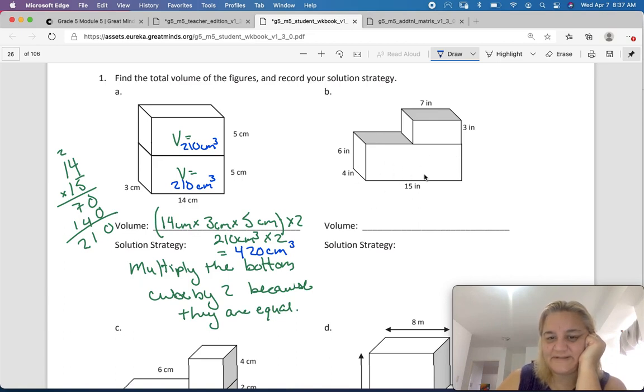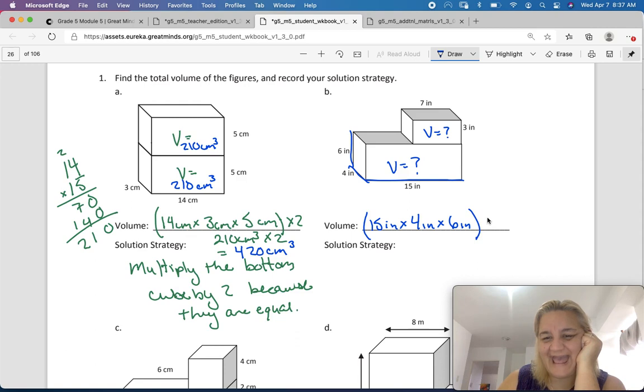So the first one here, the volume of this one, is going to be 15 inches times 4 inches times 6 inches. And then we're going to have to add the smaller one, which would be, okay, length here would be 7 inches.